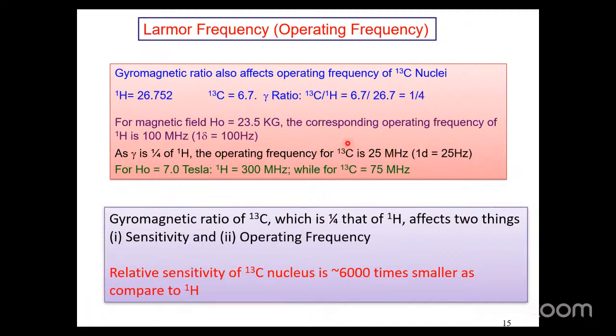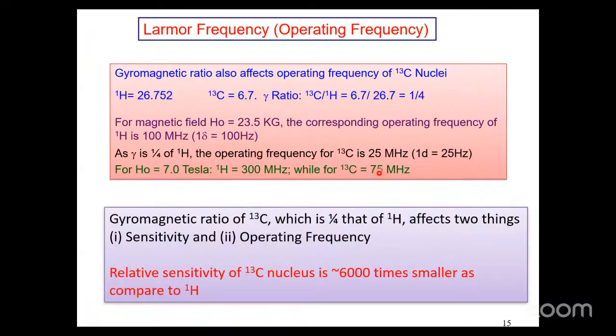So carbon-13 will resonate at 25 megahertz with the same magnetic field. Let us increase the magnetic field H0 to 7 Tesla. The H1 nucleus will then have an operating frequency of 300 megahertz, while that of C13 is 75 megahertz.